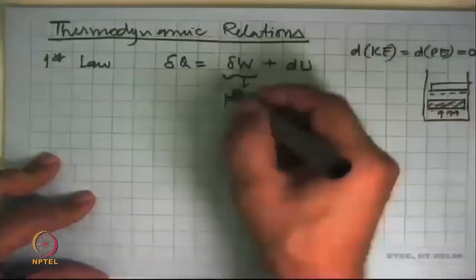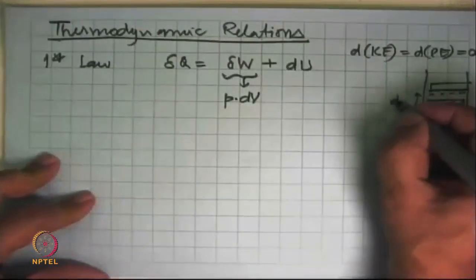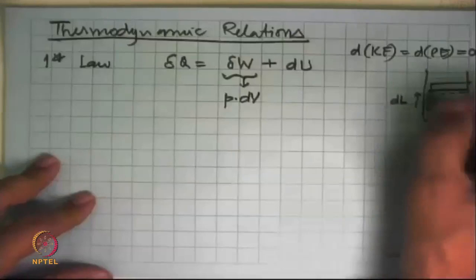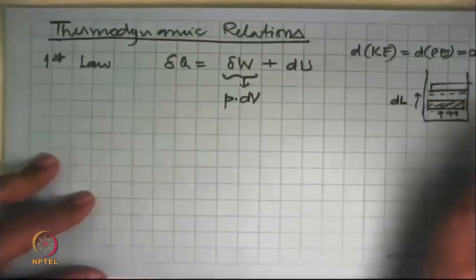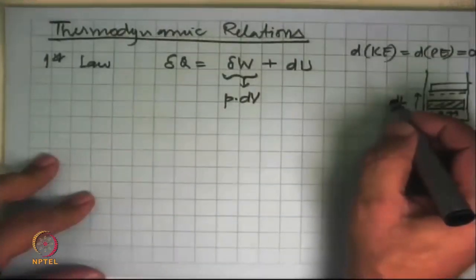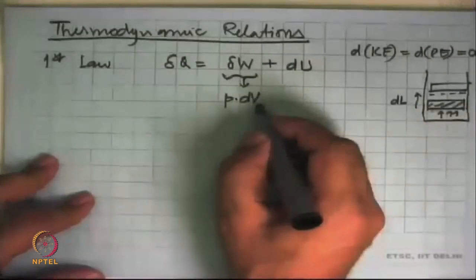The distance it went through was dl, area is A, and the force is P into A, so PA dl is the work done, A dl is the volume change.